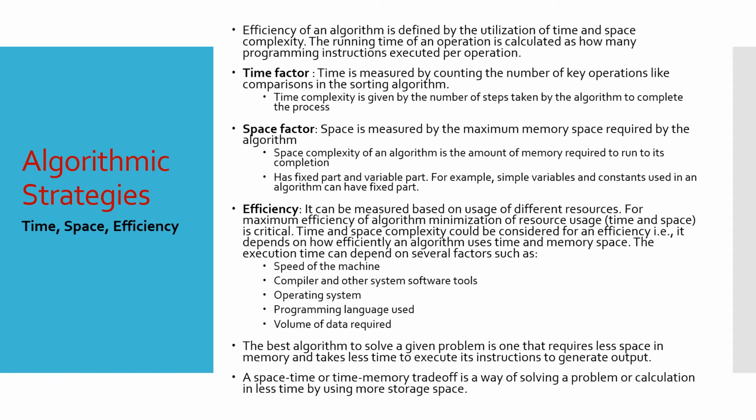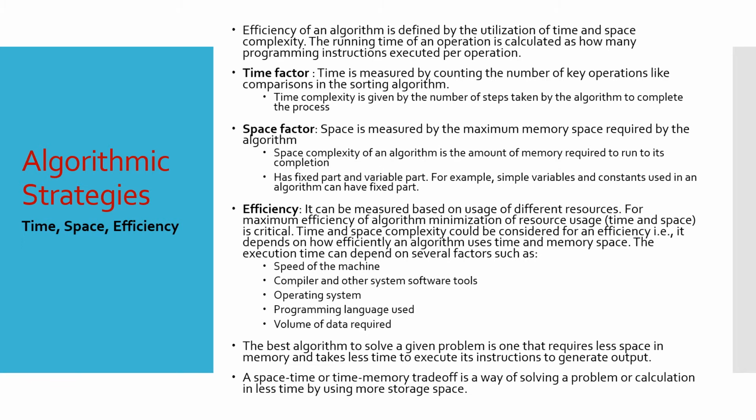Let's say you're writing pseudocode for an addition of two numbers. There is always a time factor linked with it, and also a space linked with it, meaning there is memory space required to perform that operation, and also efficiency, how fast the machine can run, and how fast the compiler of the computer performs.